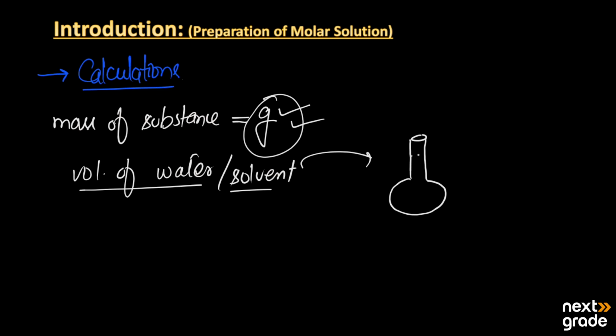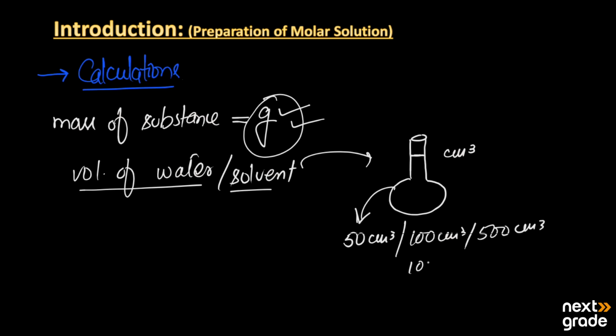Here the volume is mentioned in centimeter cube, and we have different values. We may have 50 cm³, 100 cm³, 500 cm³, and we also have a 1000 cm³ volumetric flask.